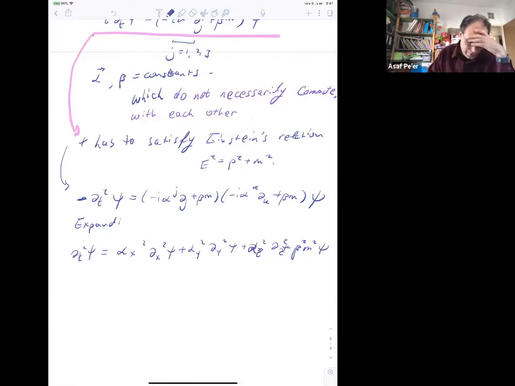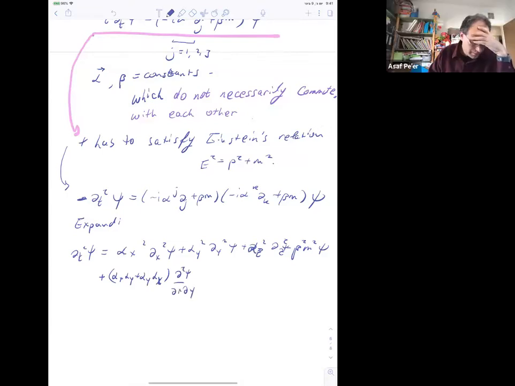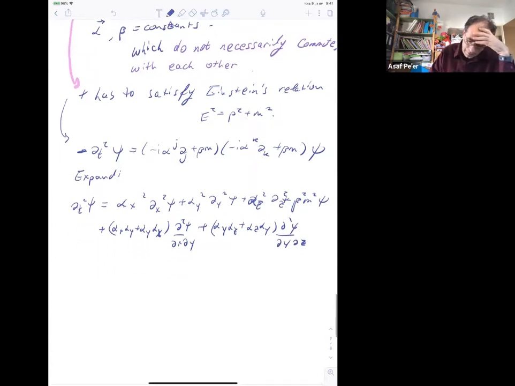That's the square terms. Now I have all the mixed terms. So alpha x alpha y plus alpha y alpha x, d squared psi dx dy, plus alpha y alpha z plus alpha z alpha y, d squared psi dy dz, plus alpha x alpha z plus alpha z alpha x, d squared psi dx dz.